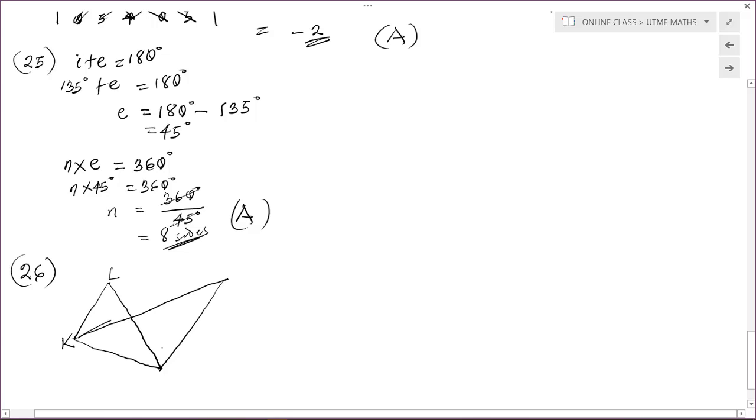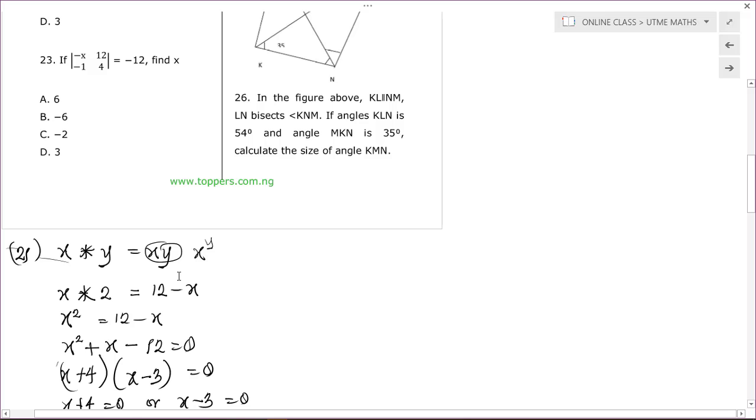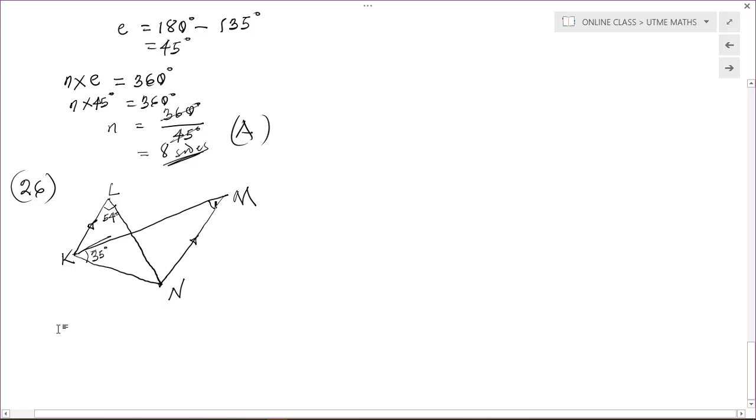K, L, and M. Here is 54 degrees and I think here is 35 degrees, and they said this line KL is parallel to NM. We are now asked to find this angle KMN. The angle KMN is unknown. So let's say that is angle X.